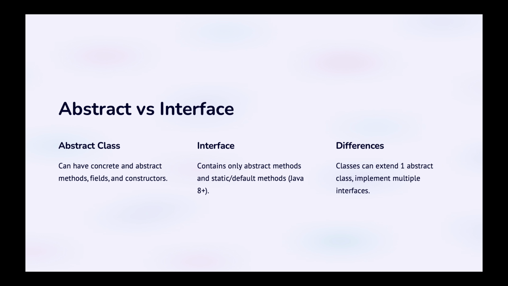Now differences. What are the differences between these two? Abstract classes can have constructors, methods with implementation, and state fields, whereas interfaces cannot.